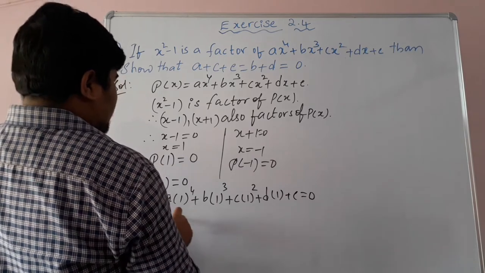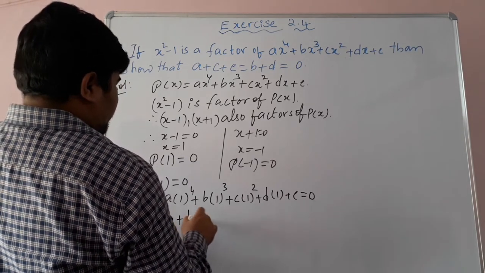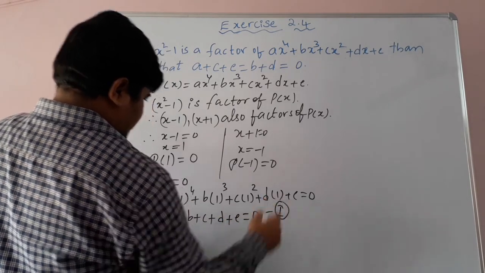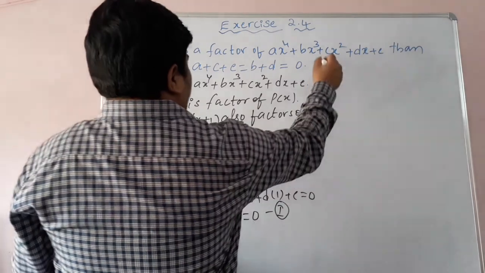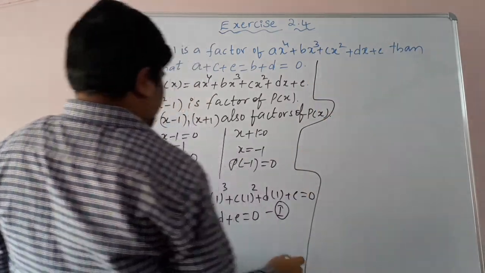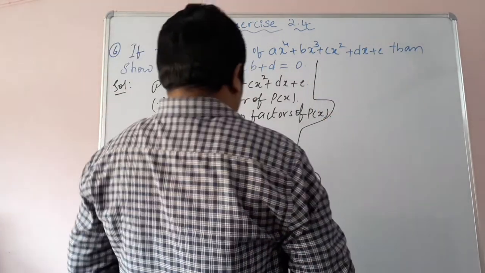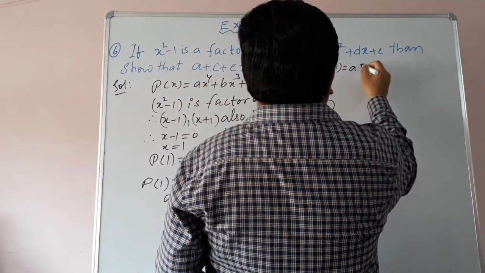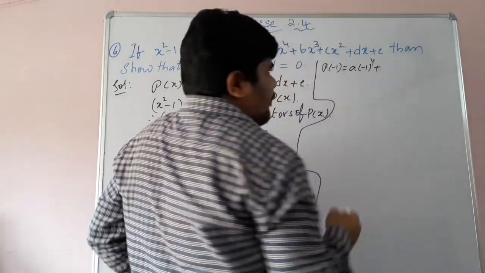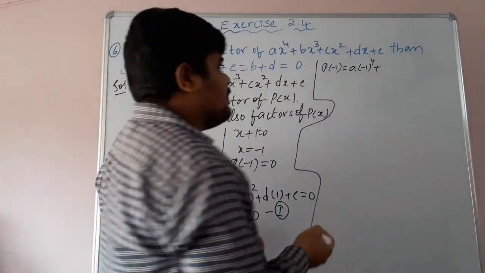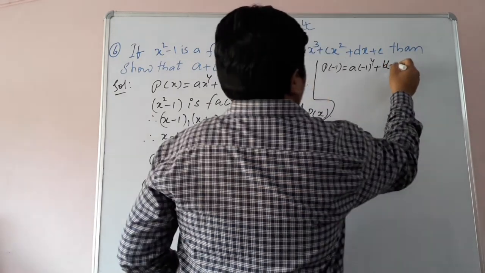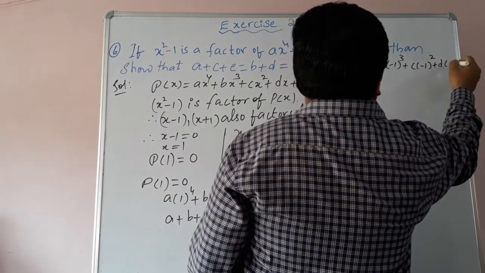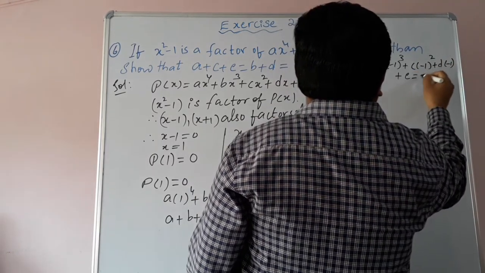Okay now, what is this expression? a plus b plus c plus d plus e is equal to 0. Take this expression as 1. Okay. Now, children, even p of negative 1 is also 0. So p of minus 1 is equal to a into minus 1 power 4 plus b into minus 1 cube plus c into minus 1 square plus d into minus 1 plus e is equal to 0.